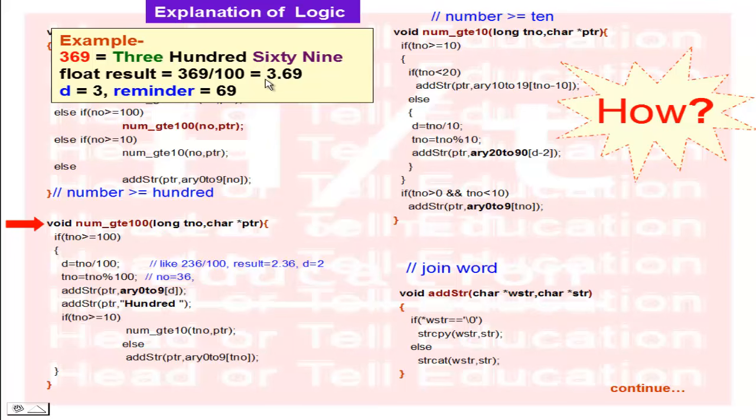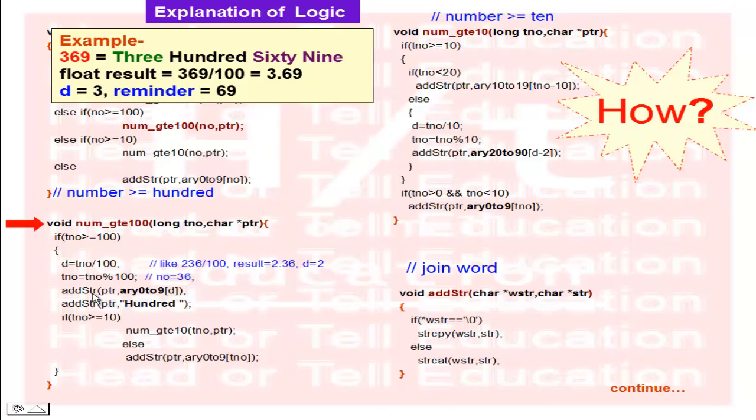So how many times does it divide? 3 times. And what is the remainder? The remainder is 69. So the statements written here are d equal to tno divide 100 and tno equal to tno mod 100. So on both sides, the number of times is in d and the remainder is in tno.